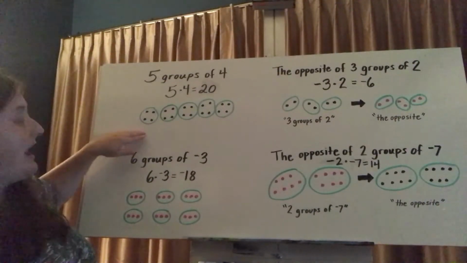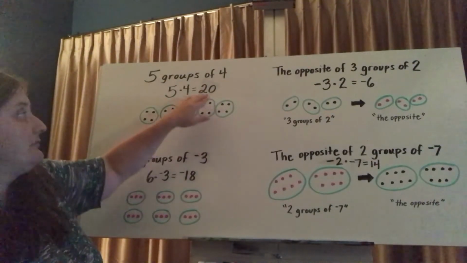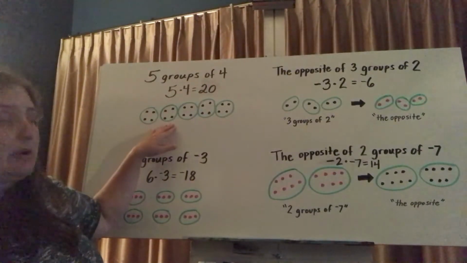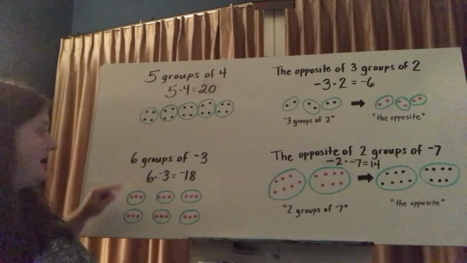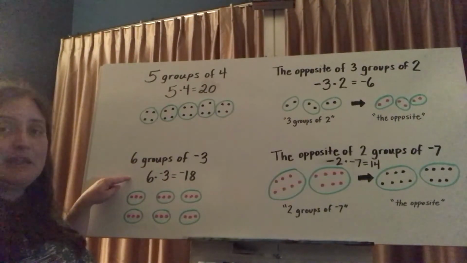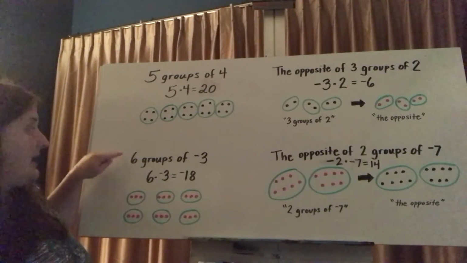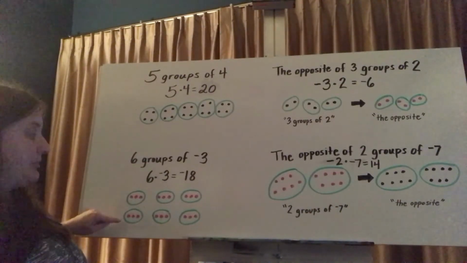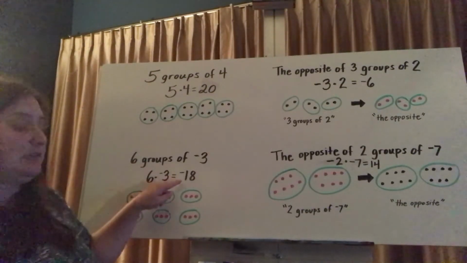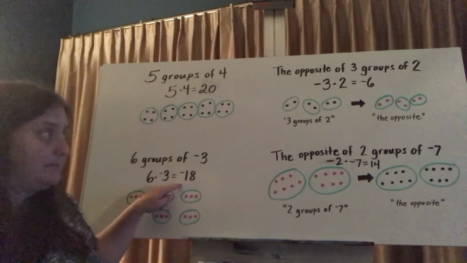If I draw that out, I end up with positive 20. Each group has 4 positives, so we have 20 positives. If I see a problem like 6 times negative 3, this is saying I have 6 groups of negative 3. So 6 groups with 3 negatives each gives me a total of negative 18.